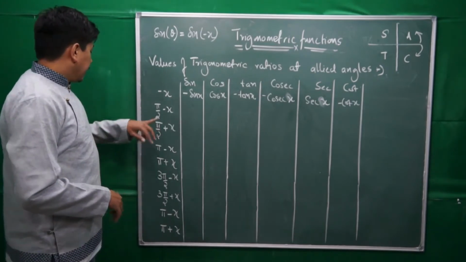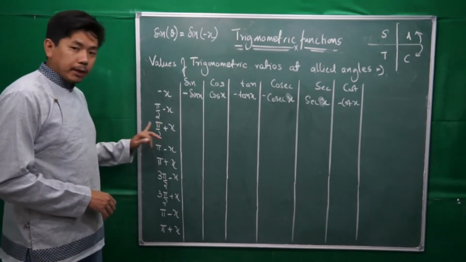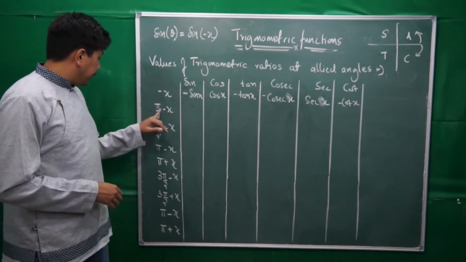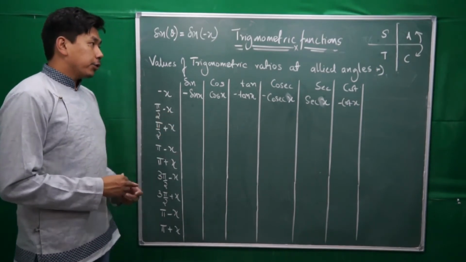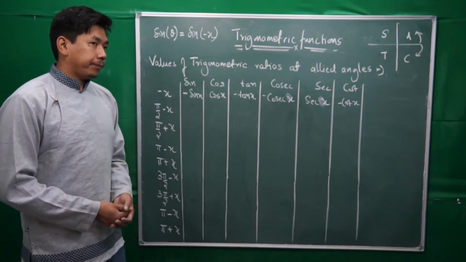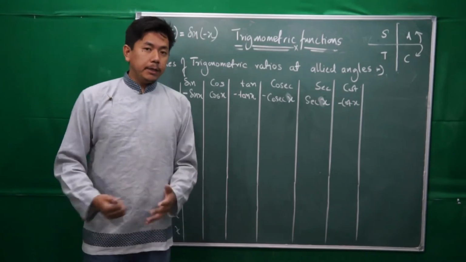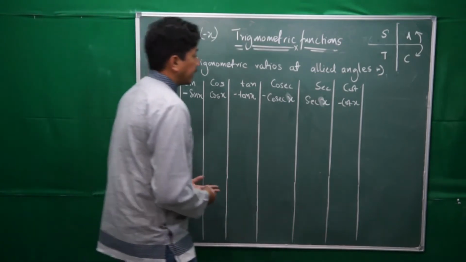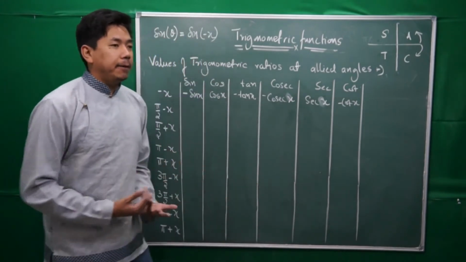Next, for pi by 2, this is an angle that is pi by 2 minus theta. You need to remember a certain formula that we did in class 10th, sine 90 plus theta, sine 90 minus theta.